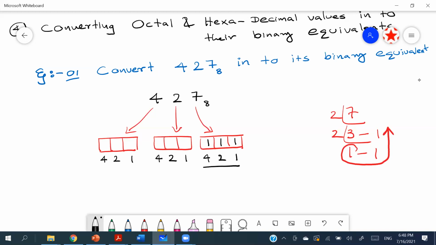How are we going to create 2? You need 1 over 2 and you don't need anything over 4 or anything over 1. So that gives you 2. How are we going to create 4? 1, 0, 0.